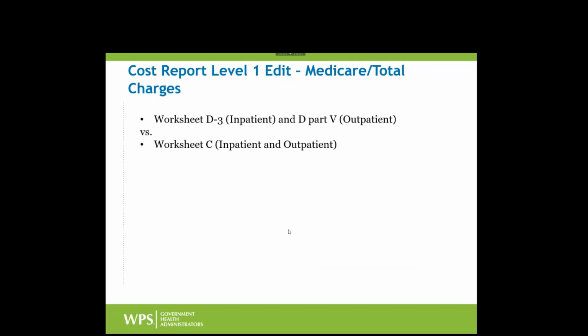But what's more likely to have happened is that your mapping, your crosswalk from the PS&R Medicare charges coming back to worksheet D, might have been incorrect. So what'll happen is if we see this level 1 edit, if it's something we can easily identify where it should go to, then we can make that change.